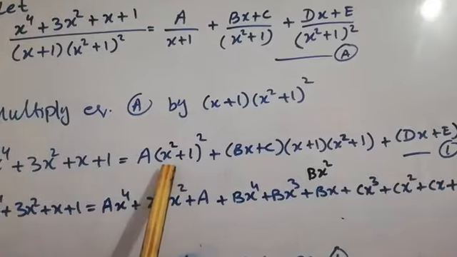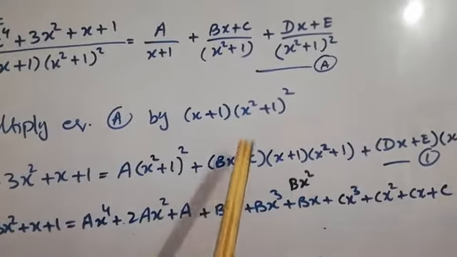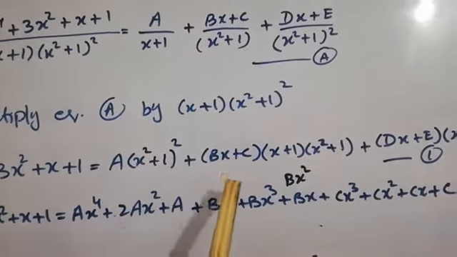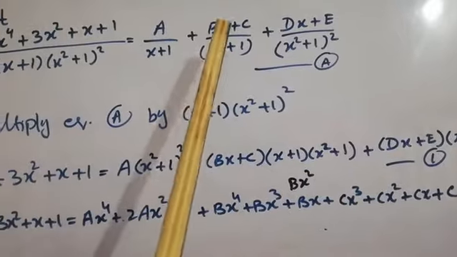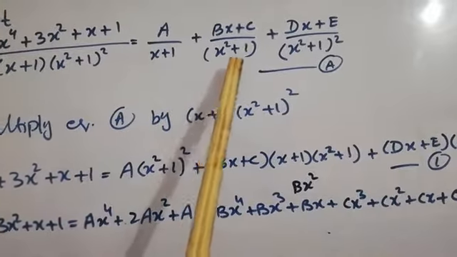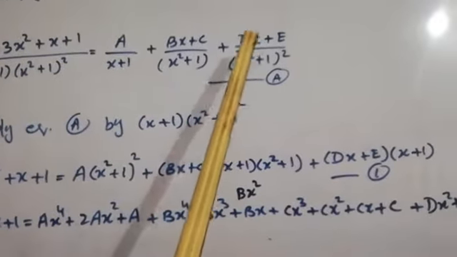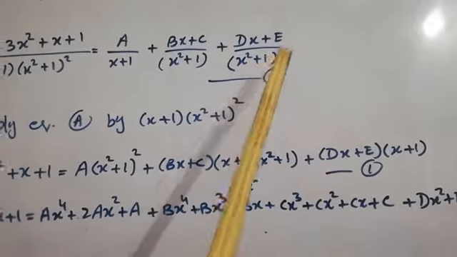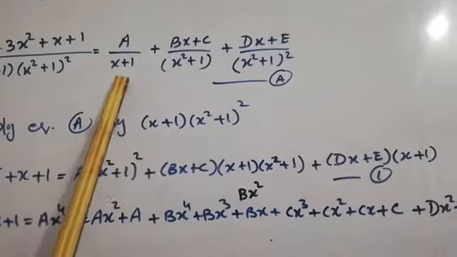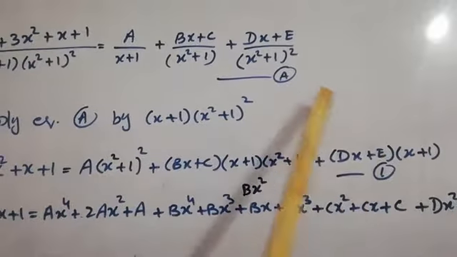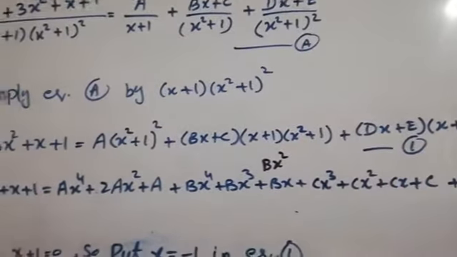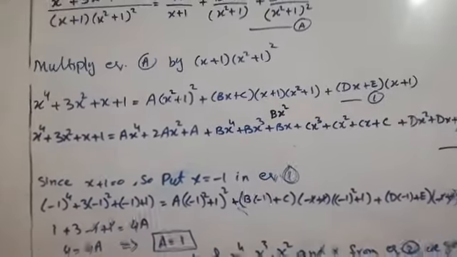So when we write A into x square plus 1 whole square, here x square plus 1 will be cancelled and we will get Bx plus C into x plus 1 and into x square plus 1. And next, x square plus 1 whole square will be cancelled, and the remaining part is x plus 1 into Dx plus E.